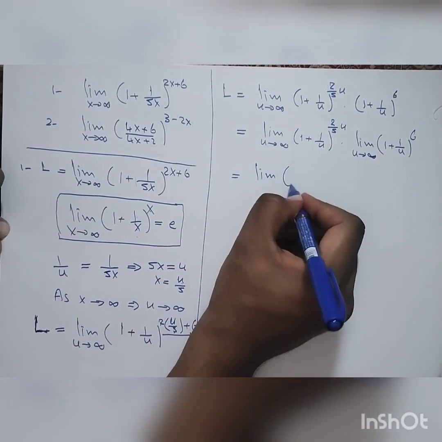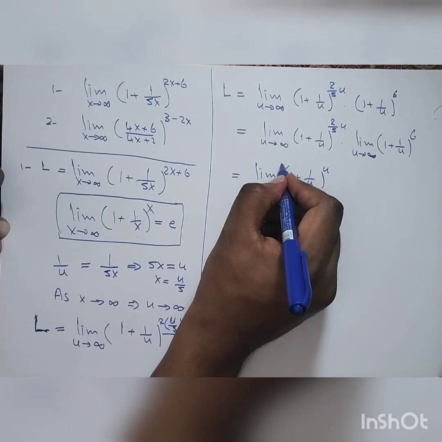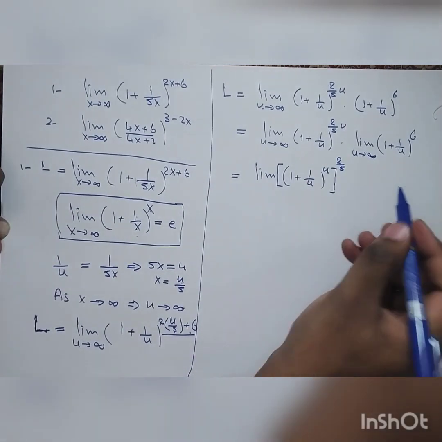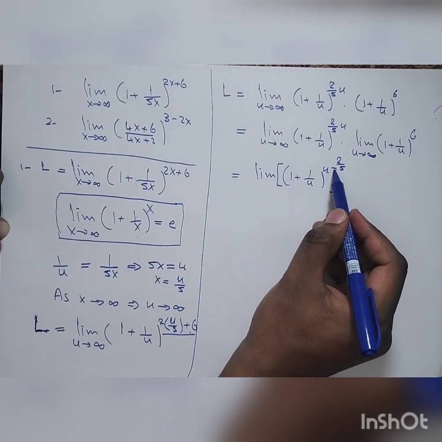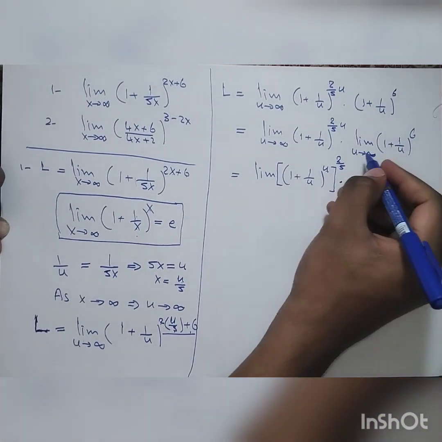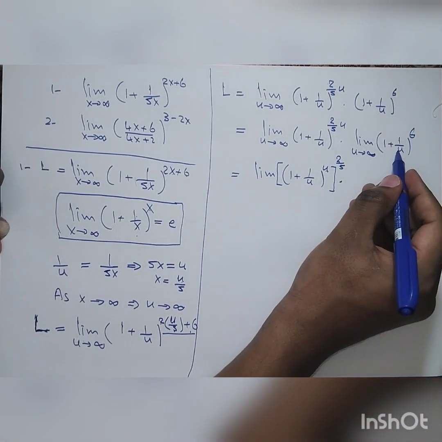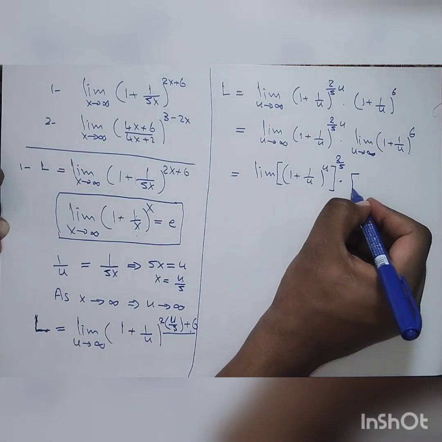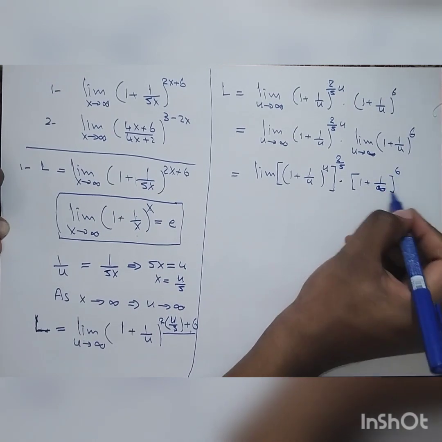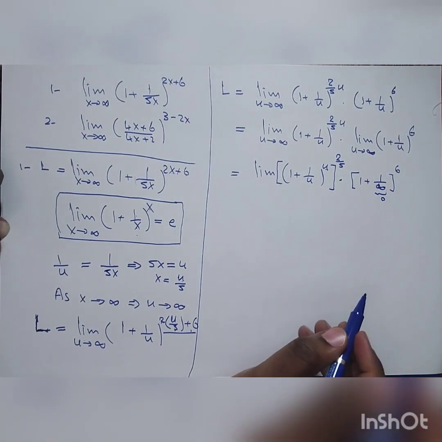We have the limit of (1 + 1/u)^u, but everything will be to the power 2/5, because we can multiply the internal and external exponents. Now we can evaluate the second factor because we don't have u in the exponent, it's only a constant. We can substitute u by infinity, and we get (1 + 1/infinity) to the power 6, and this is 0, so this will be 1 to the power 6, which is 1.